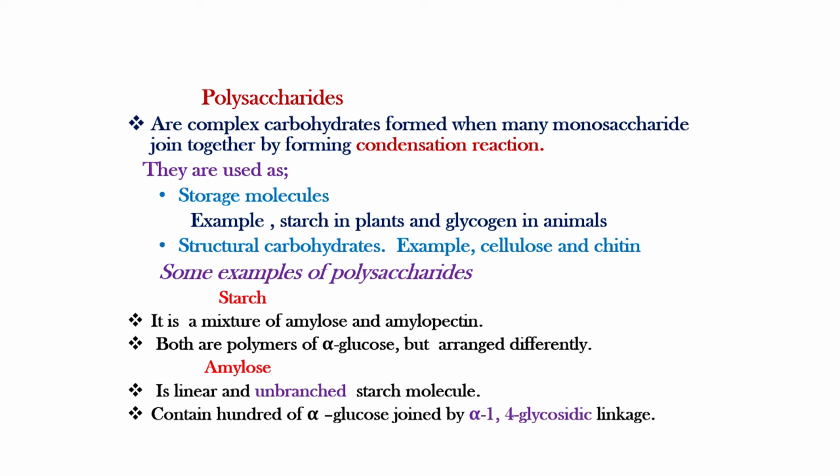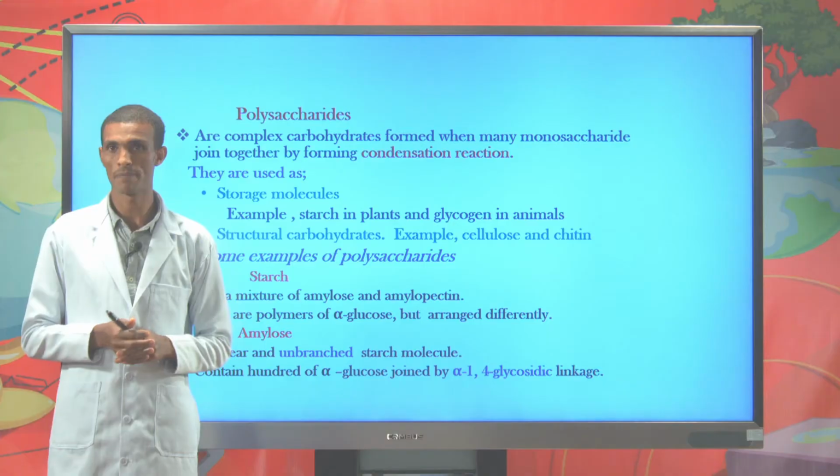For example, starch is the storage carbohydrate in plants, and glycogen is the storage product in animals. They can serve as structural carbohydrates too: cellulose, a structural component in plants, and peptidoglycan, a structural component in bacteria. So polysaccharides are very important structurally and for storage.